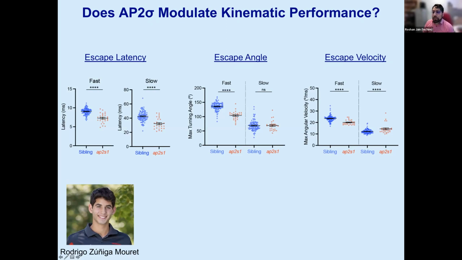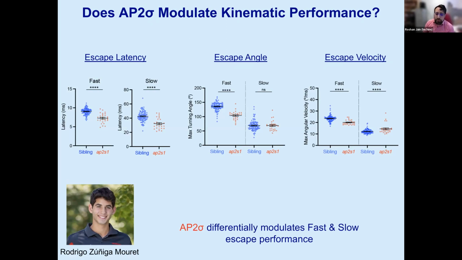And for the escape velocity, we find that the fast startles don't reach the same level of maximal velocity, whereas the slow startle behaviors are actually a little bit faster than usual. So what we interpret from this is that this gene seems to be differentially modulating these two different escape behaviors, often in different directions, and somewhat independent of each other.